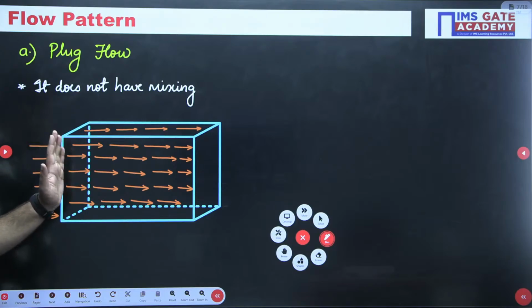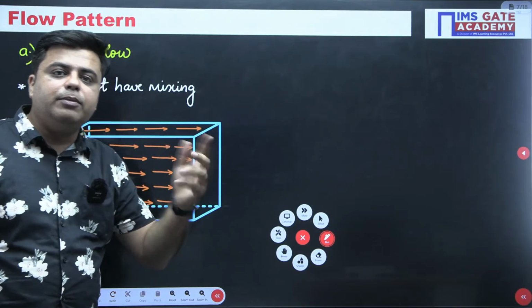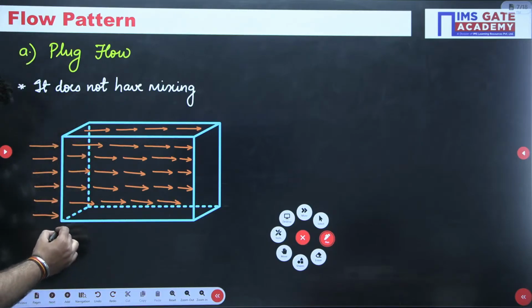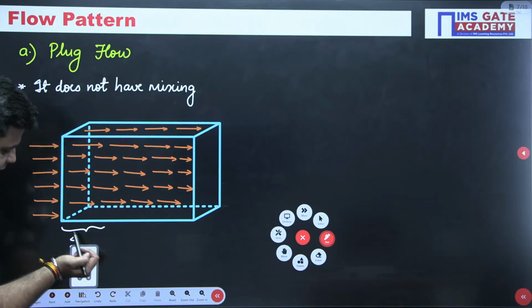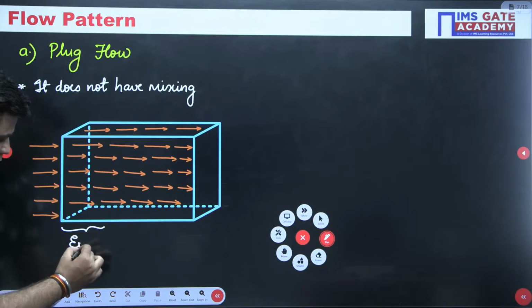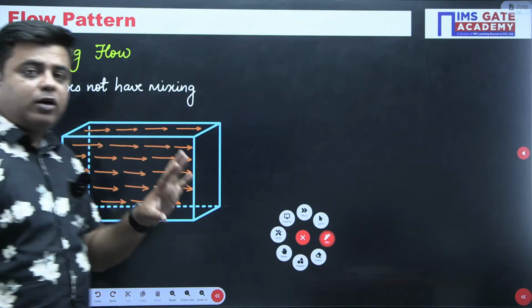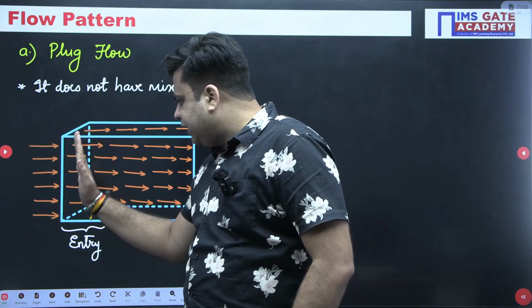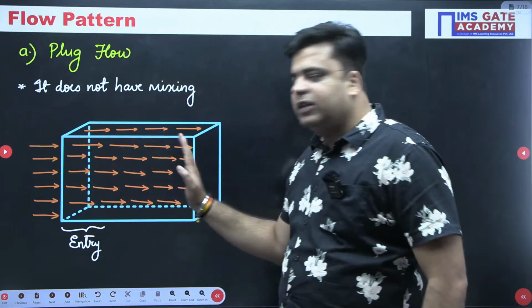Second point. In the plug flow, in the initial or entry portion of the aeration tank, the amount of organic matter will be more, because organic matter has just entered the aeration tank and the decomposition of the organic matter will now start.